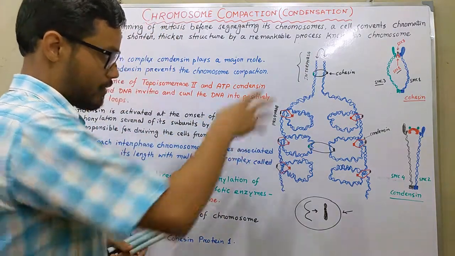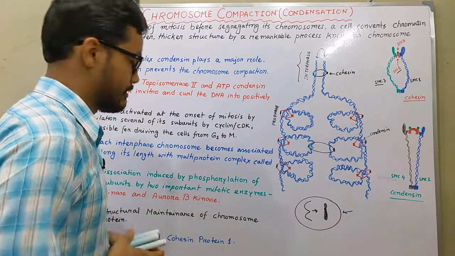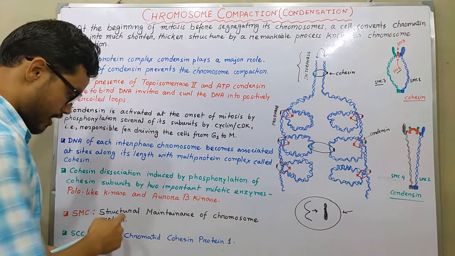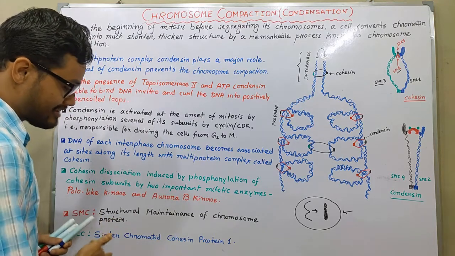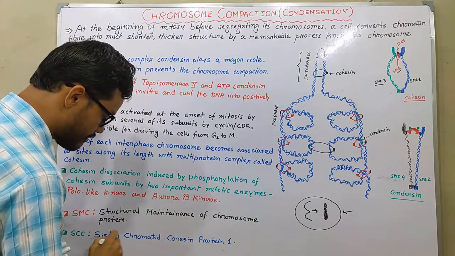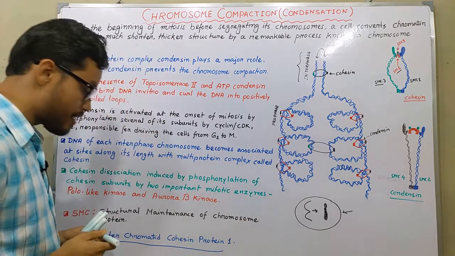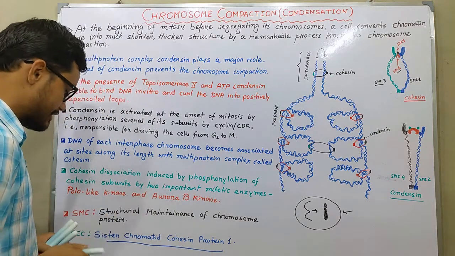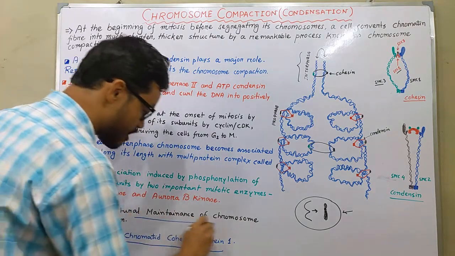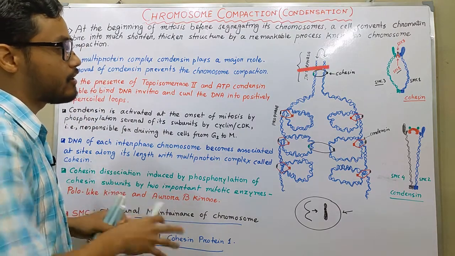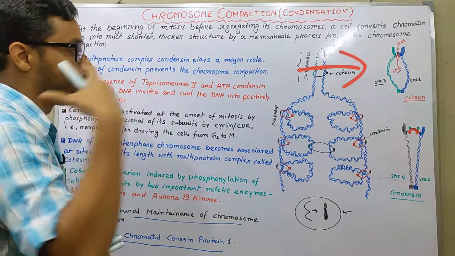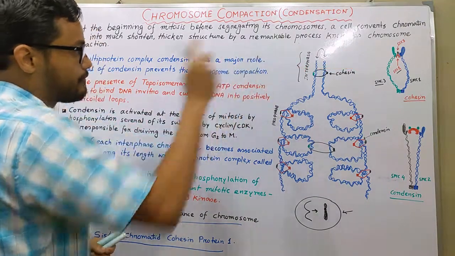What is the full form of SMC and SCC? SMC stands for structural maintenance of chromosome protein, and SCC stands for sister chromatid cohesin protein 1. These two play a crucial role in joining or holding two sister chromatids together first.